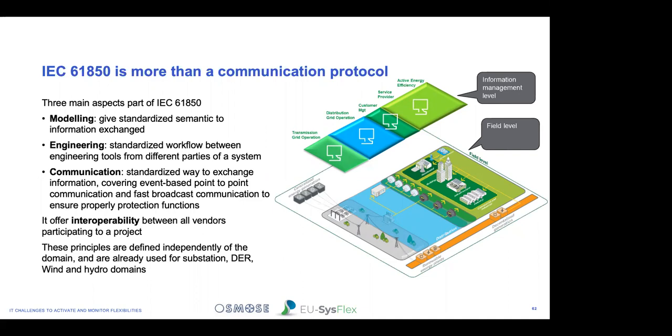And so the goal of all of these standard aspects is to offer interoperability between all vendors participating in a project. Originally, 61850 was designed for substation communication, but now these principles are defined independently of the domain. So it is for sure for substation, but now we also have extensions of the standard to support DER data modeling, such as wind power and hydro domains. Next slide, please.